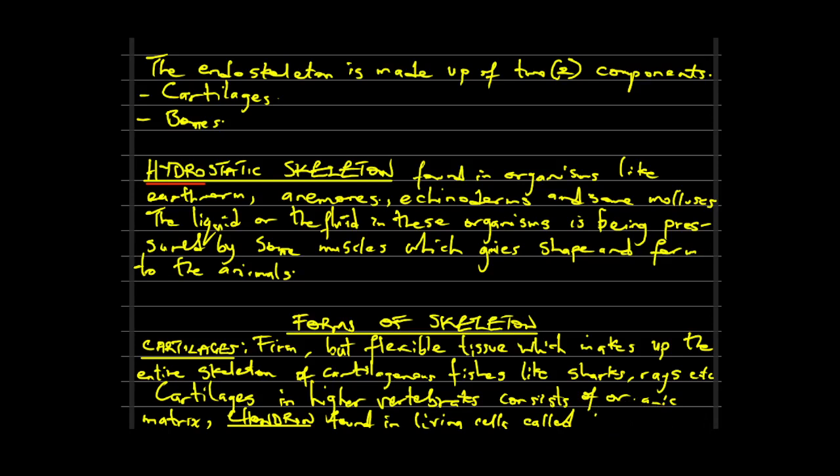So cartilaginous substances found in higher vertebrates consist of organic matrices called chondrine, and the chondrines are found in living cells called the chondroblasts.